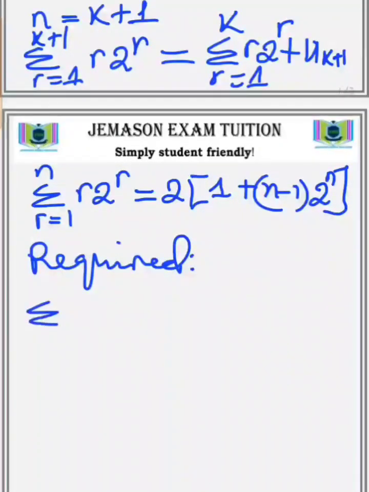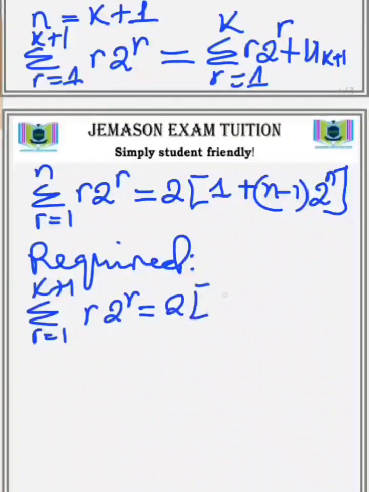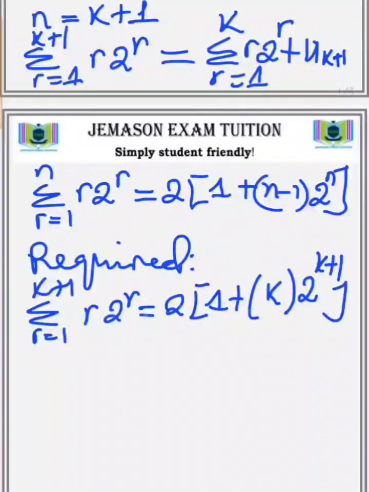I will need to show that summation from r equals 1 to k plus 1 of r times 2 to the r would be equal to 2 into 1 plus, I would replace every n by k plus 1. So k plus 1 minus 1 would just be k, then times 2 to the n, and n is replaced by k plus 1.